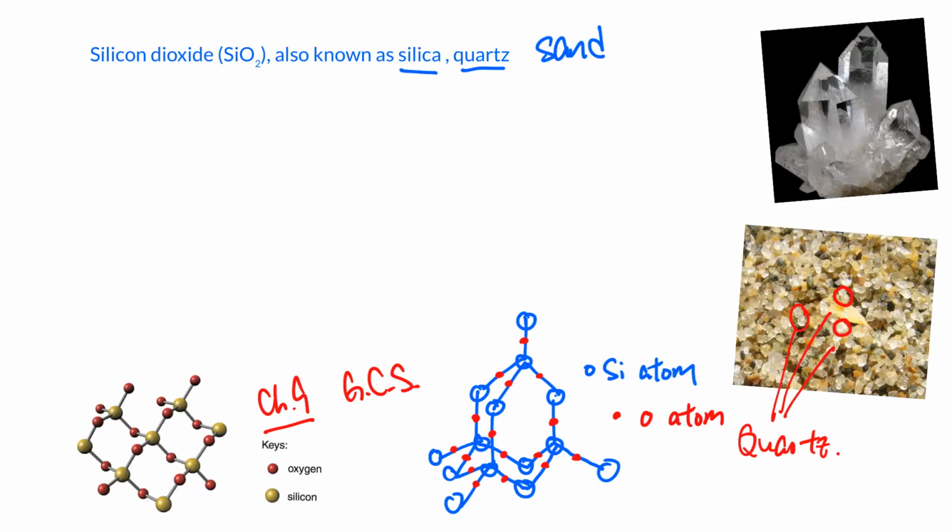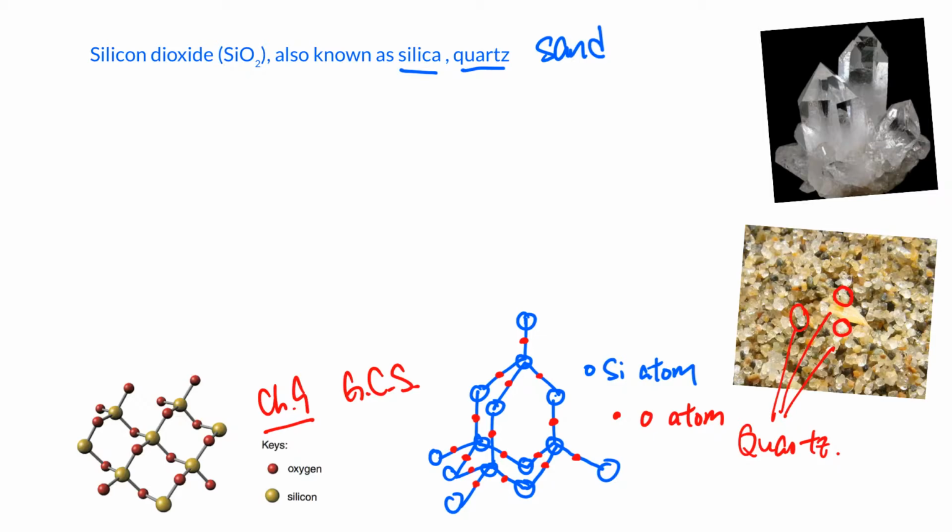This is how we draw a three-dimensional structure of silicon dioxide. Of course, you can also draw something like this, but you can see they have an angle right there, so it's difficult to do. Actually, this one is the same as the other, but we just focus on the bottom part. Imagine you remove the upper part and look from the top to the bottom, then you can see a network like this one.